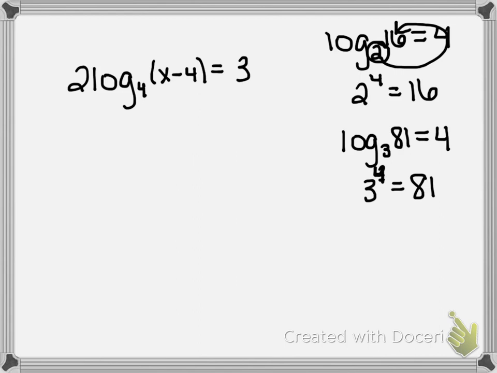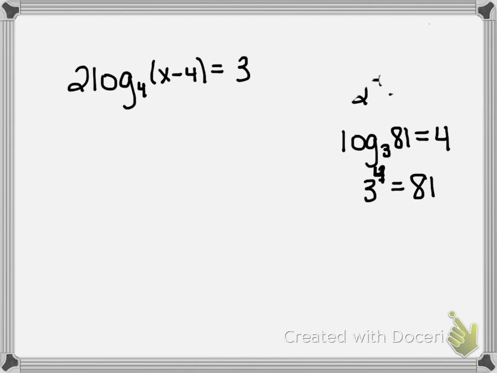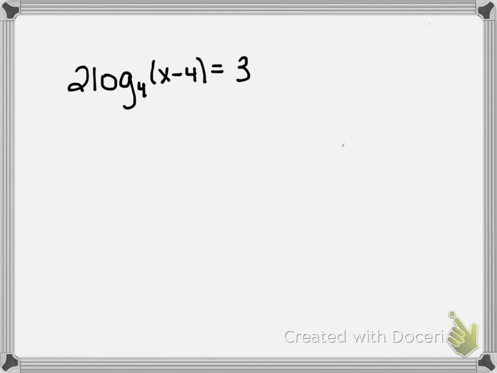The second option is you can attach a log to the right side of this equation. This is what that would look like. I would simply multiply this right side by log base 4 of 4.